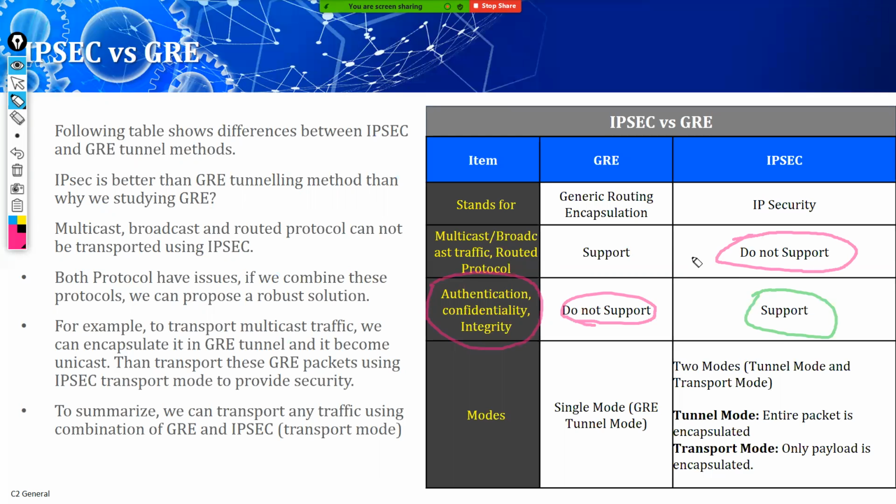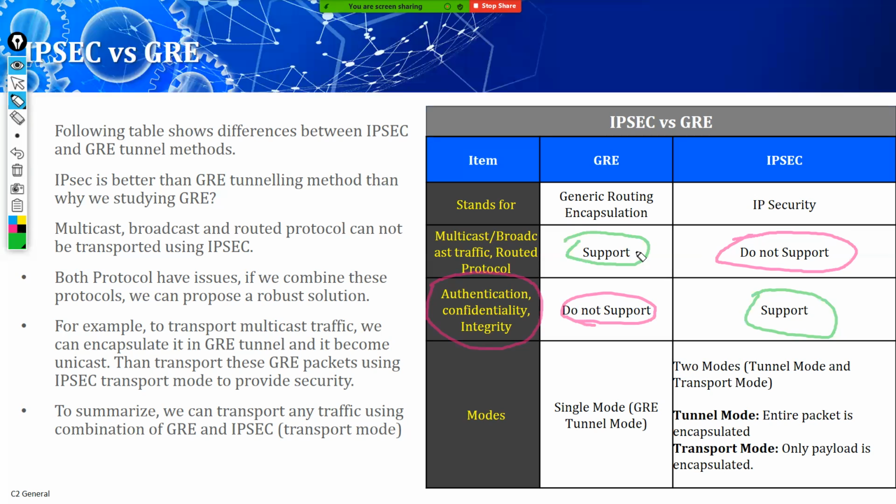If someone wants to send multicast traffic through IPSEC, it cannot be sent. So that is an issue. But GRE does support that. So there are some pros and cons of both solutions.